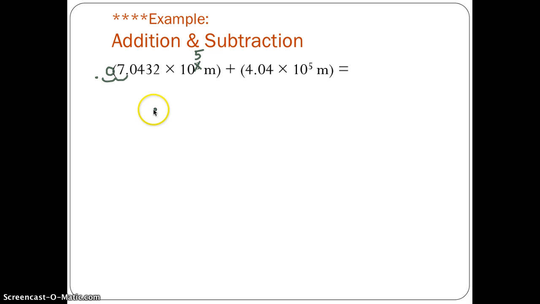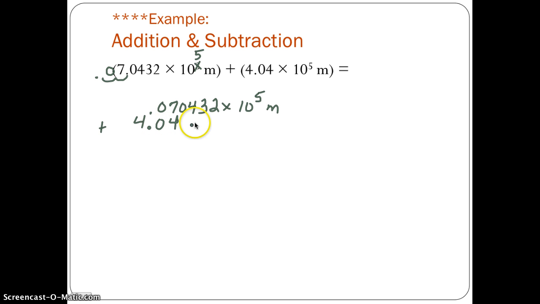Now, when I add this up, I have a 0.0704332 times 10 to the 5th meters. And I'm going to add that to a 4.04.